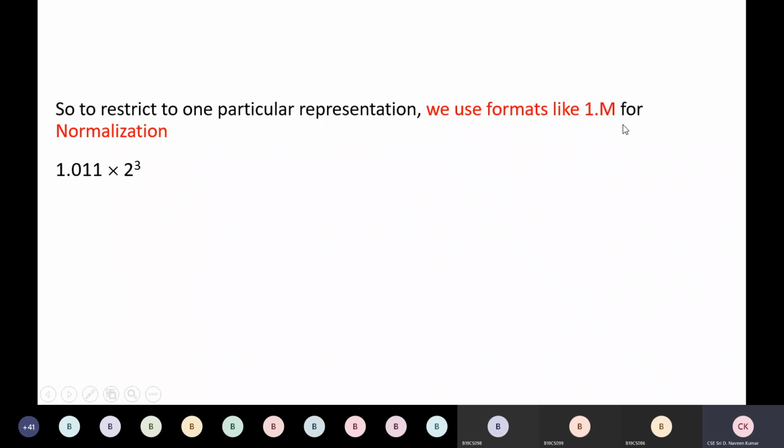So it is restricted to one representation. This we call normalization. Remember this, we will use normalization during addition, subtraction, multiplication and division. In scientific notation also we follow this 1.m notation.